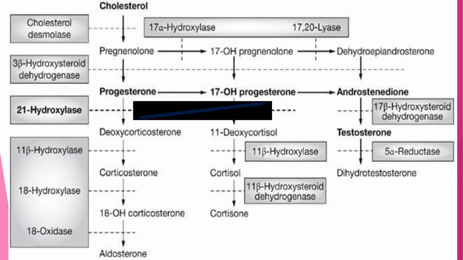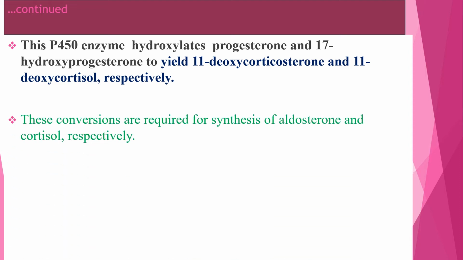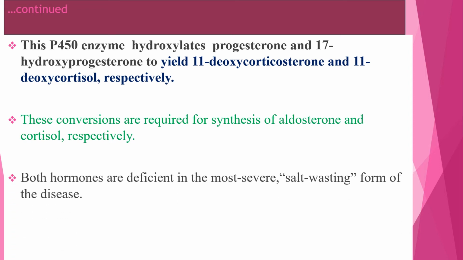This progesterone and 17-hydroxyprogesterone is shunted to androstenedione, which is adrenal steroids. This enzyme hydroxylates progesterone and 17-hydroxyprogesterone to yield deoxycorticosterone and 11-deoxycortisol respectively, as I have said above. And this conversion is required for synthesis of aldosterone and cortisol respectively. Both hormones are deficient in the most severe salt-wasting form of the disease.